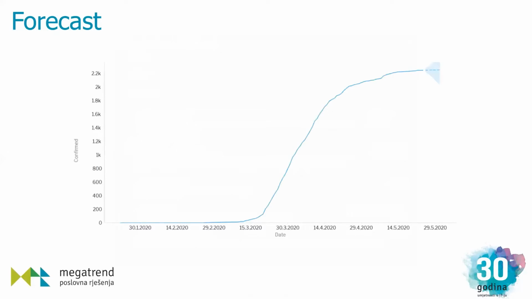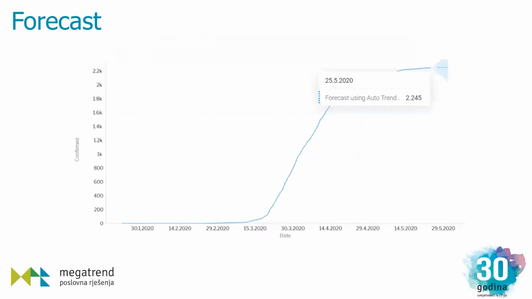Here we can see the results, the forecast for 7 days ahead, starting 25th of May. For example, we can see that the forecast for the 25th of May was 2,245 confirmed cases in Croatia.